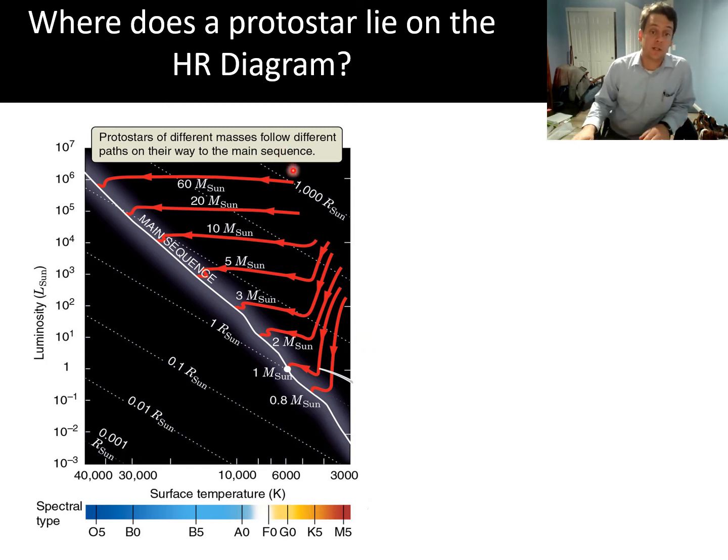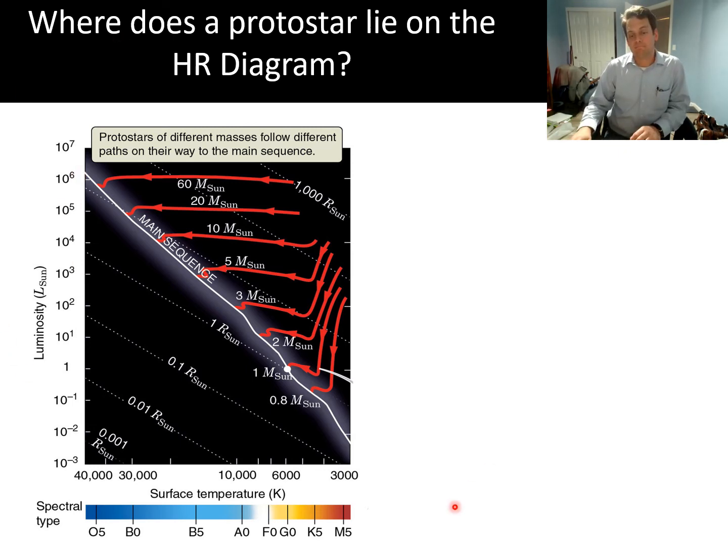On the other hand, for high mass stars, the protostellar path on the HR diagram is almost perfectly horizontal. So in that case, those two effects essentially cancel each other out. The increase in temperature more or less exactly balances out the decrease in the radiating surface area, and so those paths are essentially perfectly horizontal, at least up until the very last second.